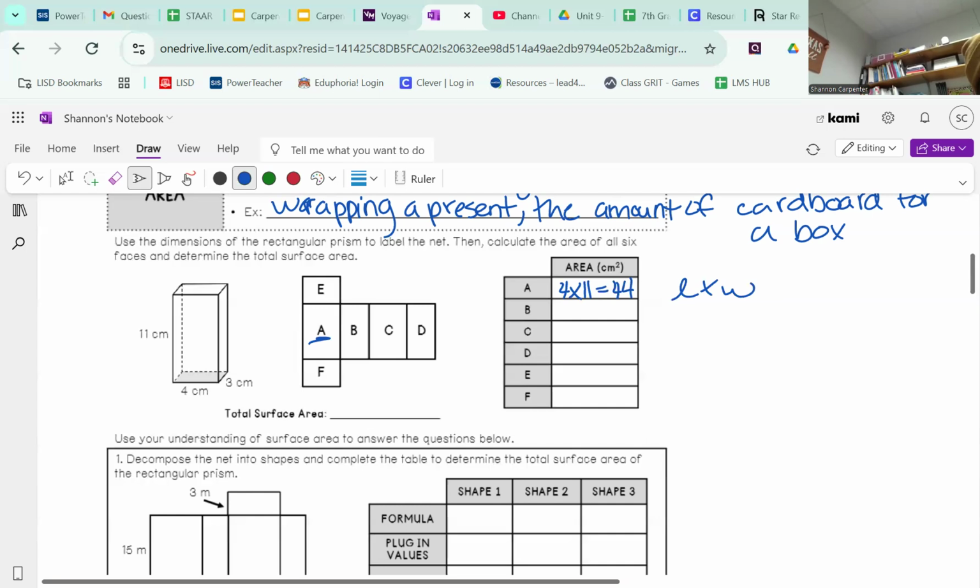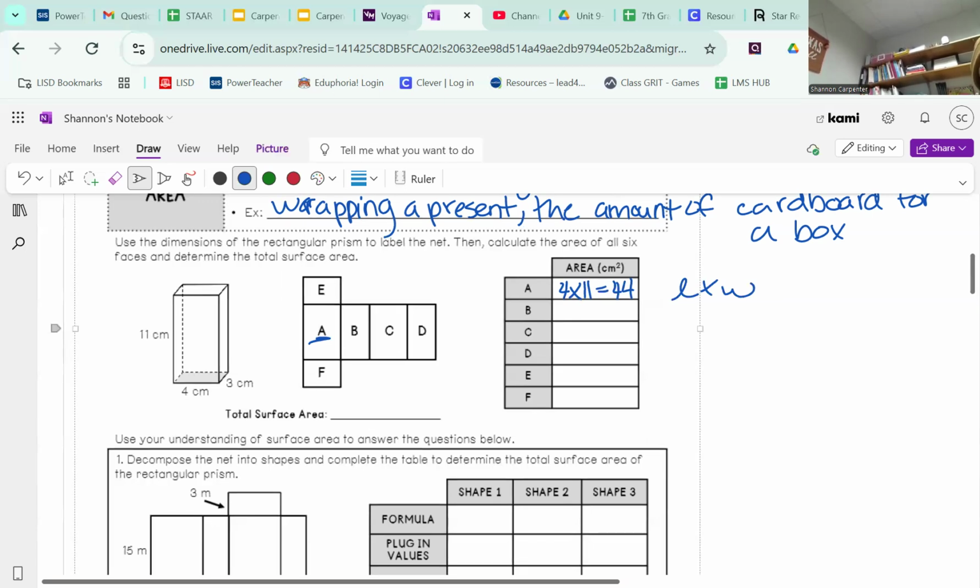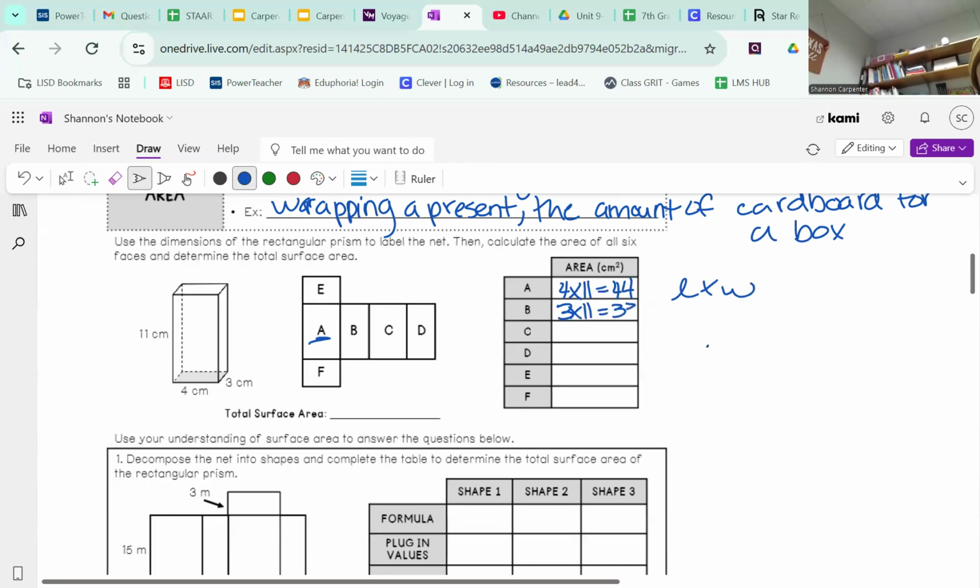All right. Then B is going to be this piece. So we have 3 for the base and 11 for the height. 3 times 11 equals 33.